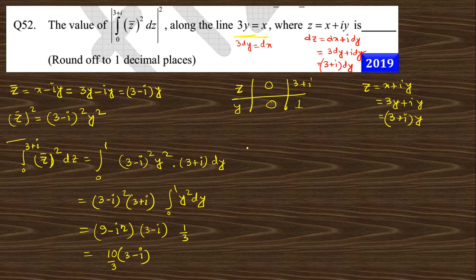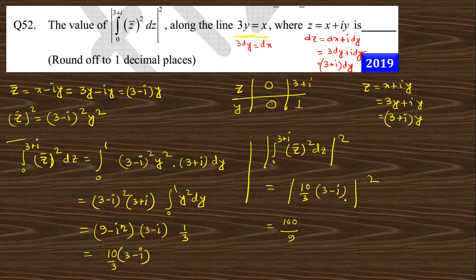Now we find the mod squared of the integral 0 to 3 plus i of z bar squared dz. So the integral value is 10 by 3 times (3 minus i), mod squared. So this is 100 by 9, and the modulus of 3 minus i is root of 3 squared plus 1 squared, that is root 10.